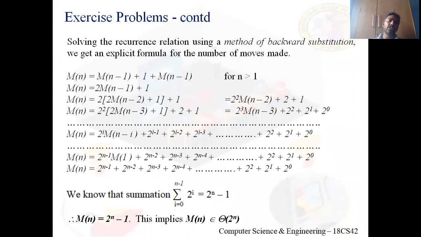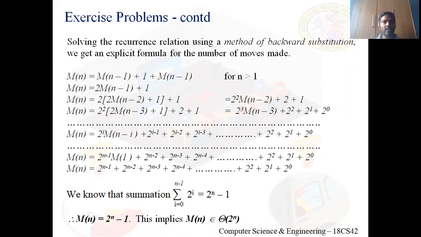Solve this recurrence relation, making use of mathematical induction. That formula, summation i equals 0 to n minus 1 of 2 to the power i, equals 2 power n minus 1. Got it? So solving this recurrence relation, I come to know the basic operation count, M of n, that is the number of movements involved.